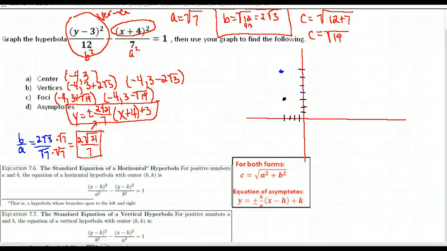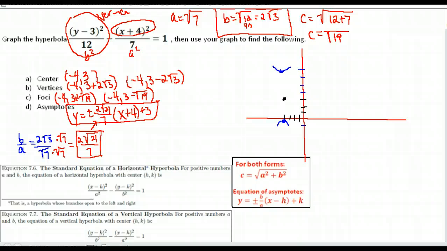Okay, and 3 minus 2 root 3 is -0.46, so about -0.5. Okay, there's my vertices. I know my hyperbola is going to go like this in some manner.